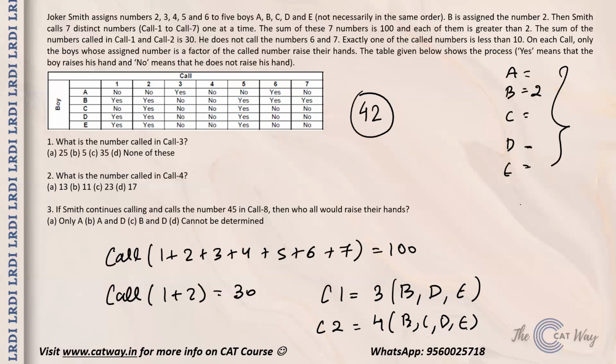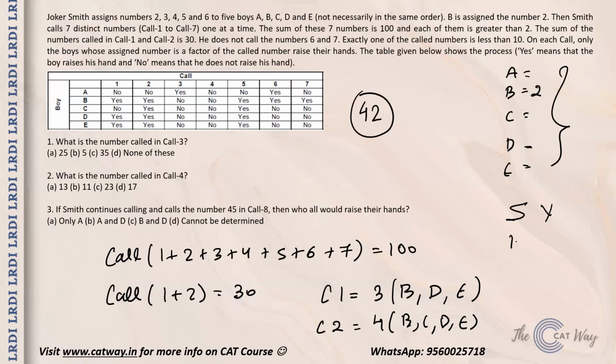Whereas what we also know is that C2 is a multiple of 4 of these numbers out of 2, 3, 4, 5, and 6. That means there is only one case: C1 and C2, both of them are not divisible by 5, because if it would have been 5, B would not have been able to raise his hand.